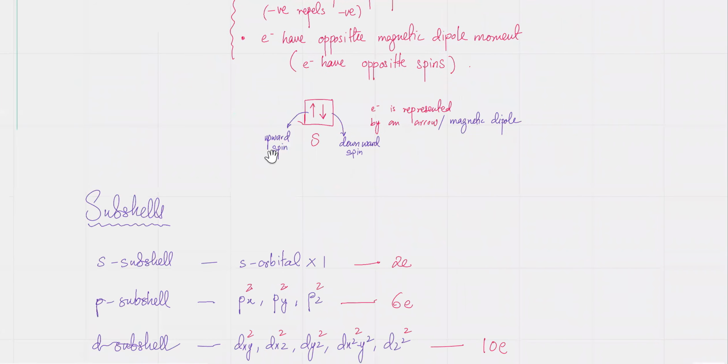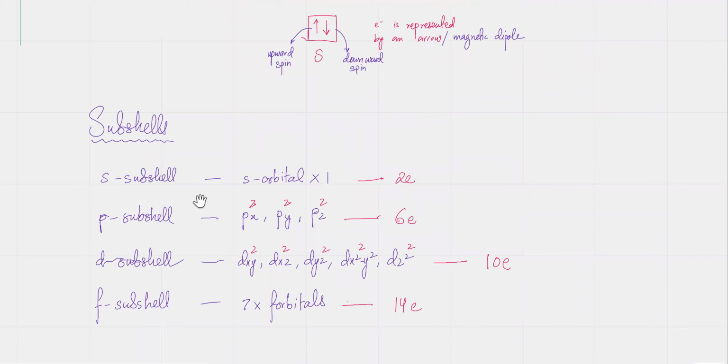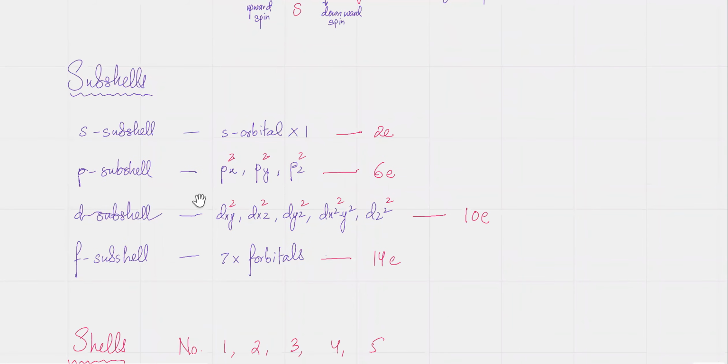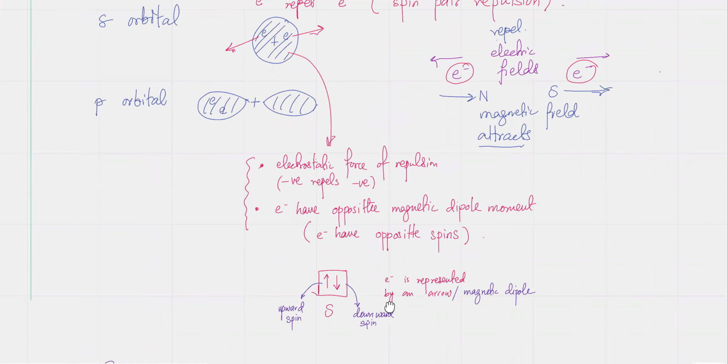Okay, so we did that, and then we started talking about subshells. Subshells were that the orbitals can be grouped together. An s subshell just had one s orbital. A p subshell had three orbitals, depending on directions: px, py, and pz. And since each orbital can have a maximum of 2 electrons, the subshell can have a total of 6 electrons. So the p subshell was this thing.